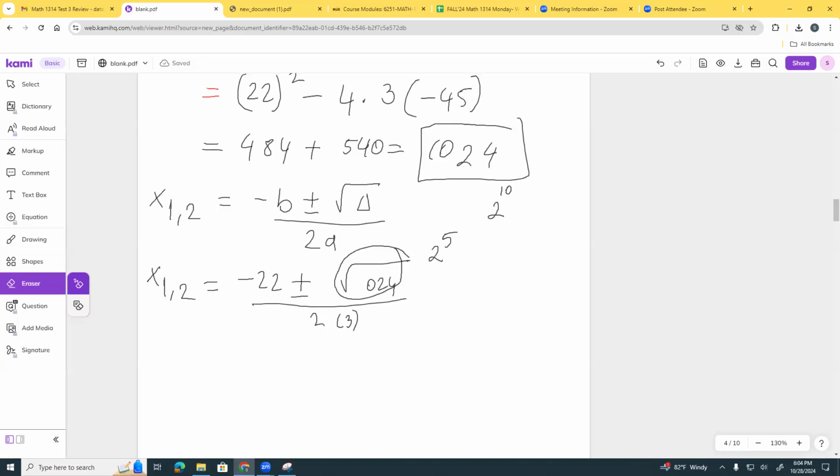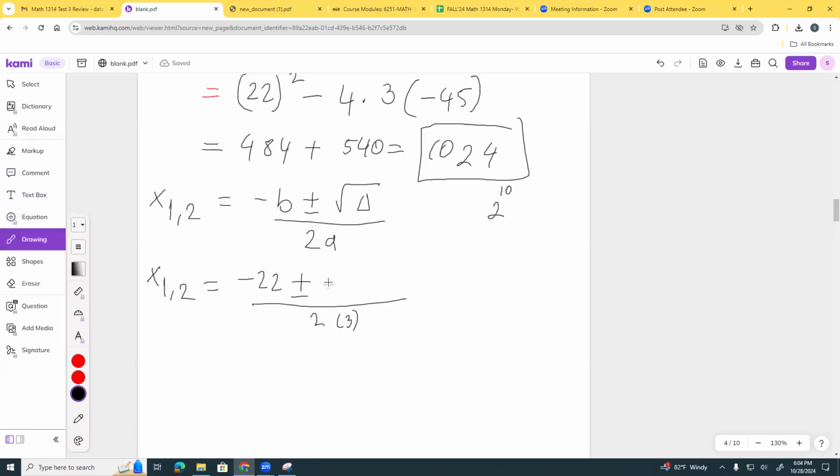You see how math is very powerful? If you are good at numbers, if you get along well with numbers, there's nothing you can't answer. The factoring was easy, quadratic. But anyway, square root of this number is 32. So first zero will be negative 22 plus 32 over 6, which is 10 over 6.